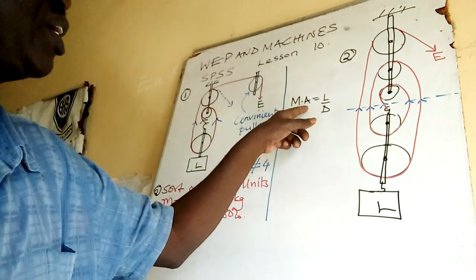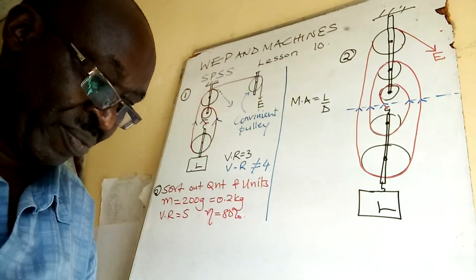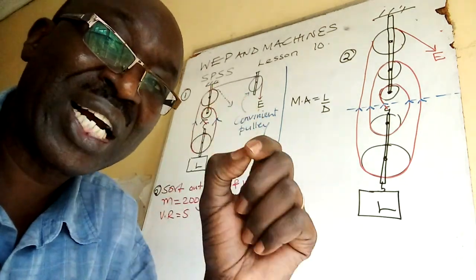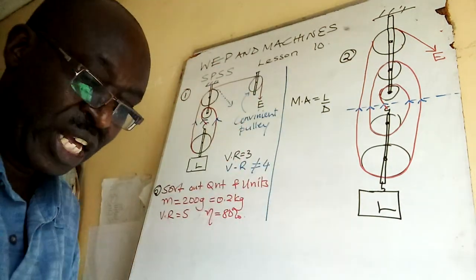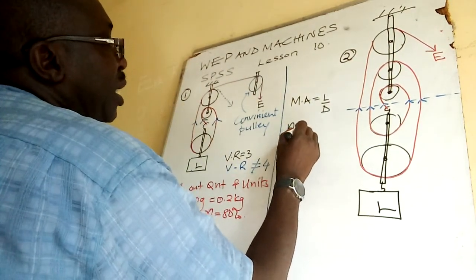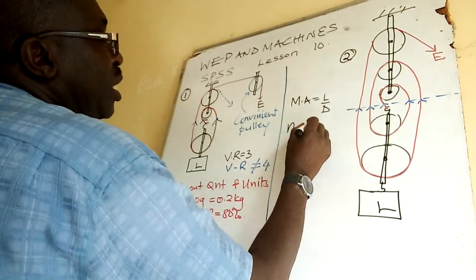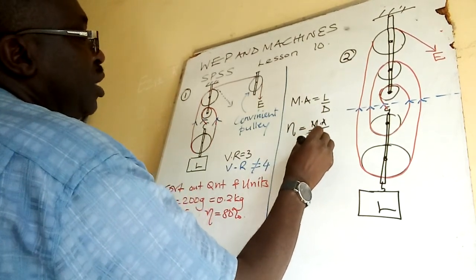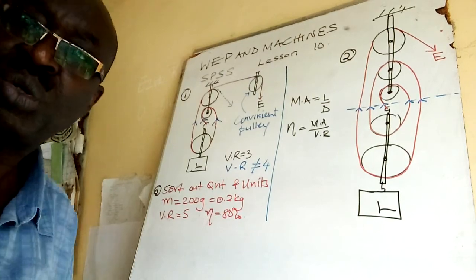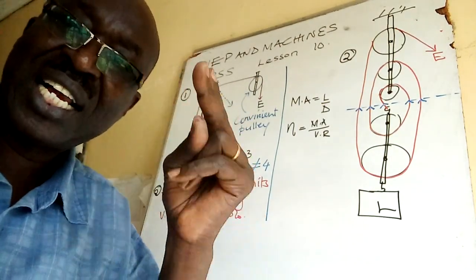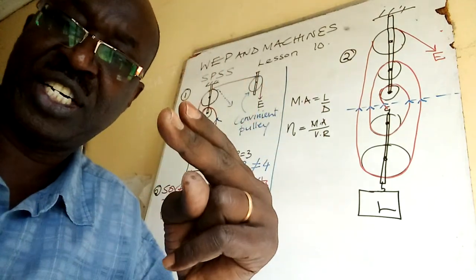So we know mechanical advantage is load over effort. We are asked to calculate mechanical advantage. Then the next formula which you have is efficiency is mechanical advantage over velocity ratio. So I have 2 formulae that contain mechanical advantage.